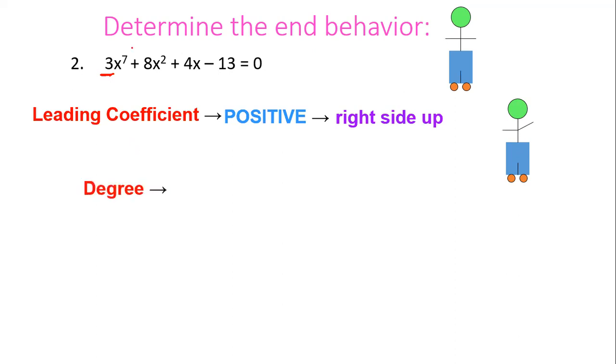What is our degree? 7. Is 7 odd or even? Odd. So what does that mean is happening on my left side? We're going to go down, because odd means opposite, right? My arms are going to be opposite. So our man looks like this.